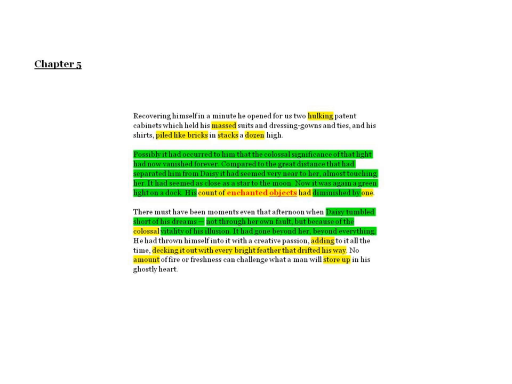Now it was again a green light on a dock, so that spell has been broken, strangely or cruelly, with the acquiring of Daisy. We should also note those two references to monetary value and quantities again, adding and amount. As I say, this chapter in particular is saturated with that kind of language.